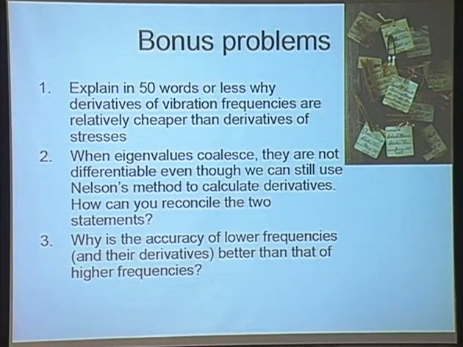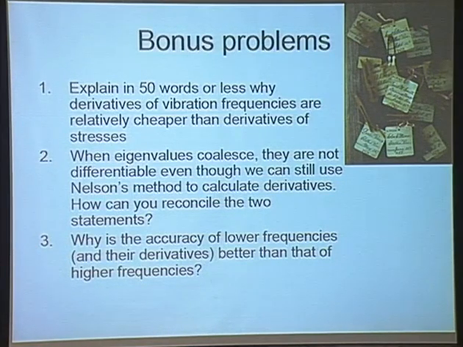And finally, something that doesn't have to do with derivatives, but has to do with finite element analysis. And it's very important because these things apply in spades to derivatives.